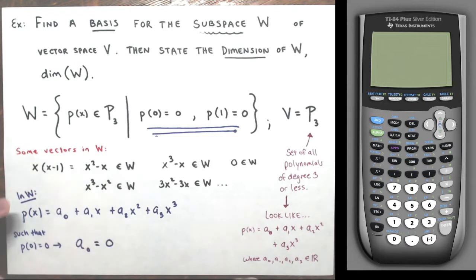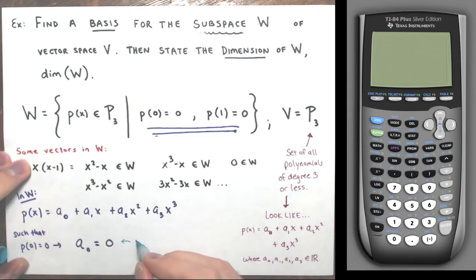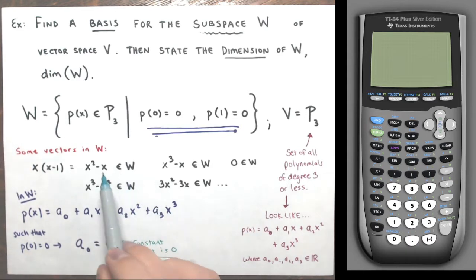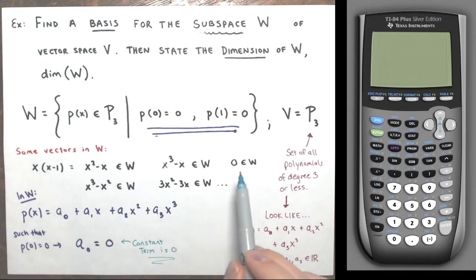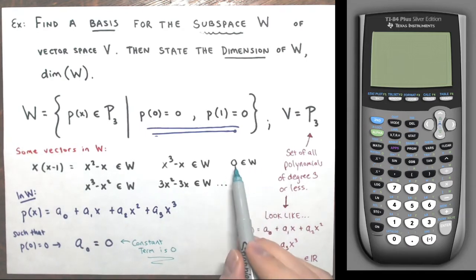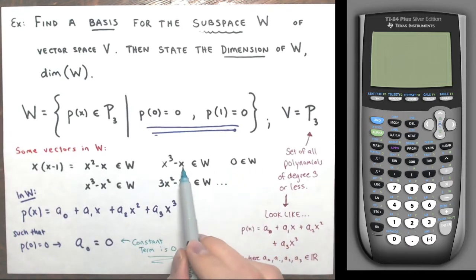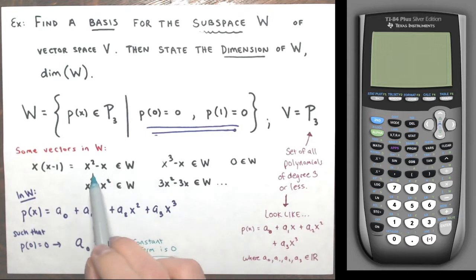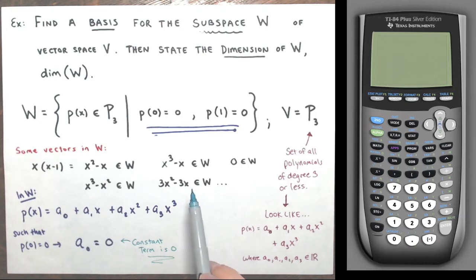And you could probably have guessed that. The constant term in any polynomial in W is 0. Like I said, you probably could have guessed that by just looking at some of the examples: the 0, x cubed minus x, 3x squared minus 3x, x squared minus x cubed minus x, where all these polynomials in W have a constant term of 0, and that's basically what I'm saying here.